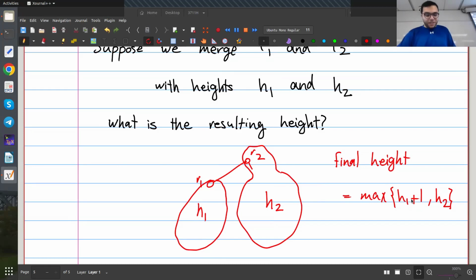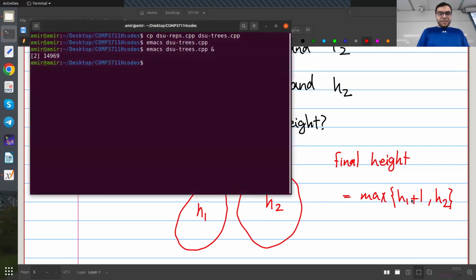So I said all of this just to say that instead of keeping track of the number of vertices, you could alternatively just keep track of the height. So DSU trees, I'm going to call this one DSU trees height.